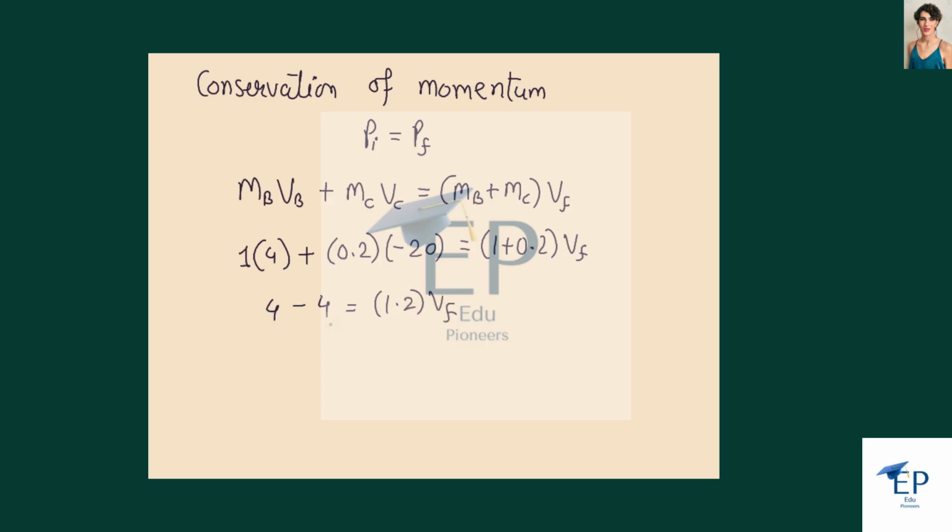But here 4 minus 4 is 0, which implies that the final velocity is 0 meters per second. So after sticking they both will not move. This indicates that after sticking they will come to rest.